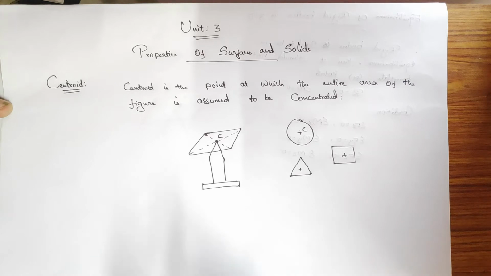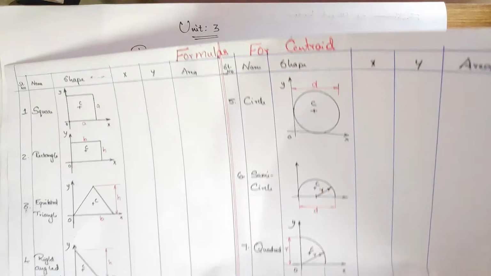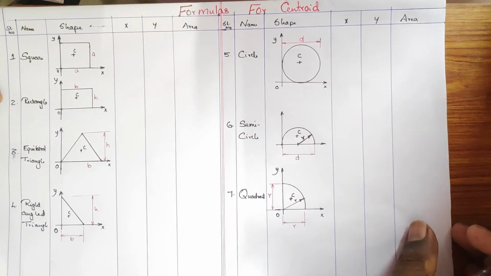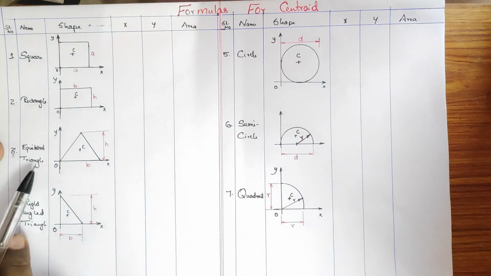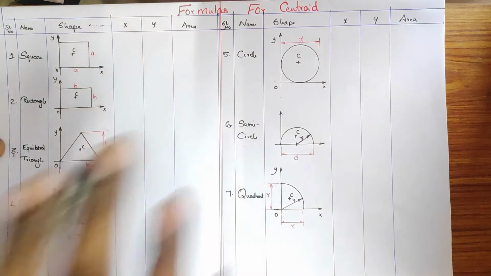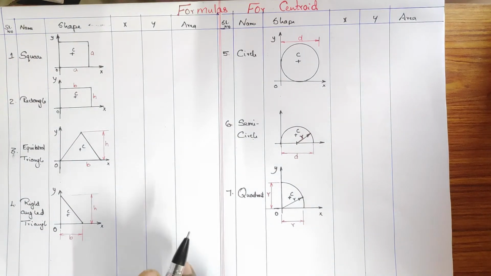Okay, let's move to the formula part. I will show you some basic shapes. Here I have square, rectangle, equilateral triangle, right angle triangle, circle, semicircle and quadrants. For these we can identify the centroid.